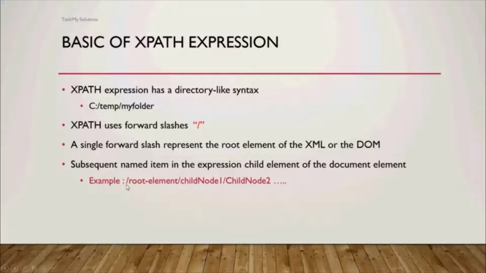Starting with the single slash, you give the root element first, then its child node 1, and since child node 1 contains child node 2, we write child node 1, then a single slash, and then the next child name, child node 2. In this case, there are only 2 levels of hierarchy, so it looks like a short XPath.